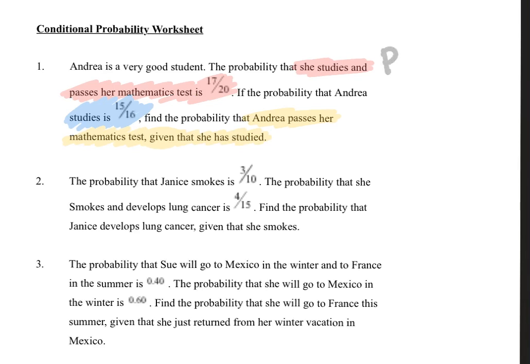We are going to do the probability that she passes her math test, given that she studied. So that's what I'm asking you for: the probability that she passes given that she studied, okay?